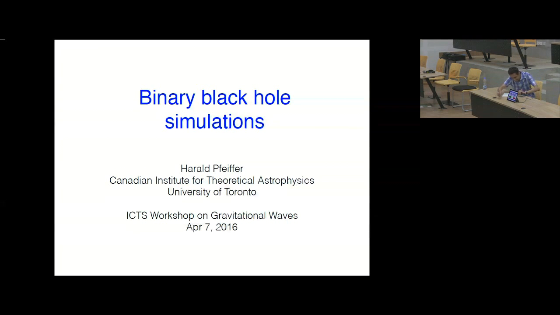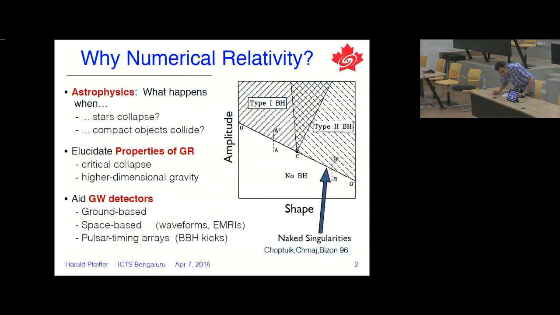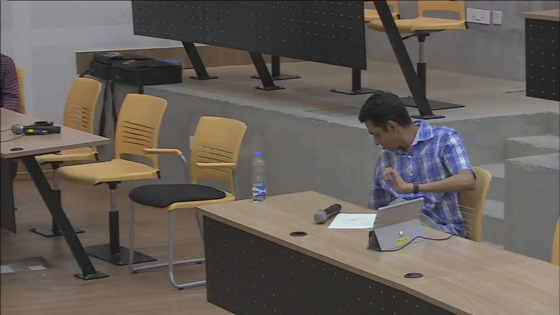Slide 2, please. A very brief motivation of why one wants to do numerical relativity. There are a few different primary reasons: to learn more about astrophysics, what happens when stars collapse or compact objects collide; to elucidate properties of general relativity related to gravitational waves or not.